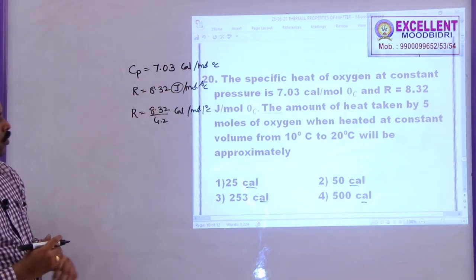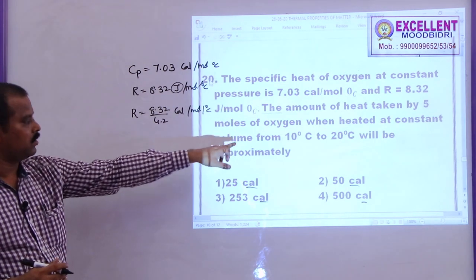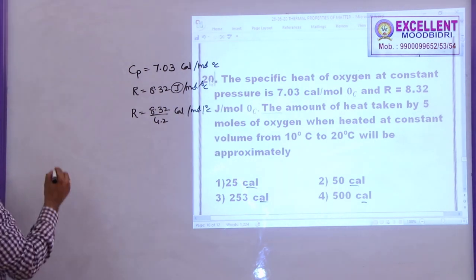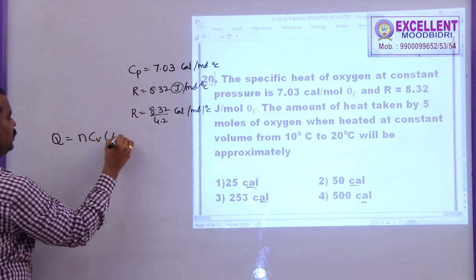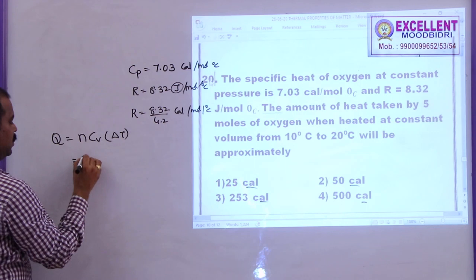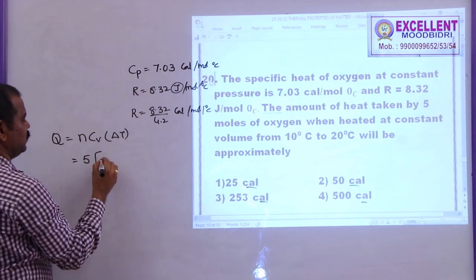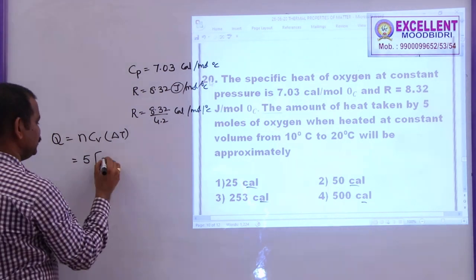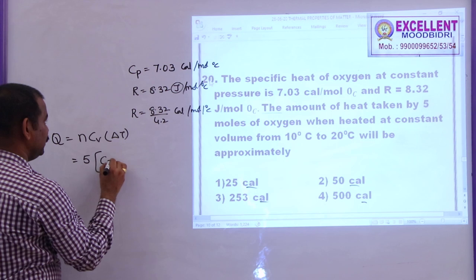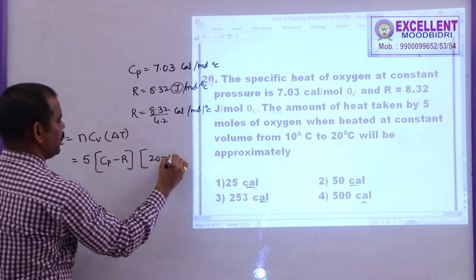Now, what is the amount of heat taken by 5 moles of oxygen when heated at constant volume from 10 to 20? So the quantity of heat required is equal to n Cv dT, that is temperature difference. Number of moles is 5. Cv is not given but Cp and R are given. We know from Mayer's equation Cp minus Cv is equal to R, or Cv is equal to Cp minus R, into change in temperature 20 minus 10.